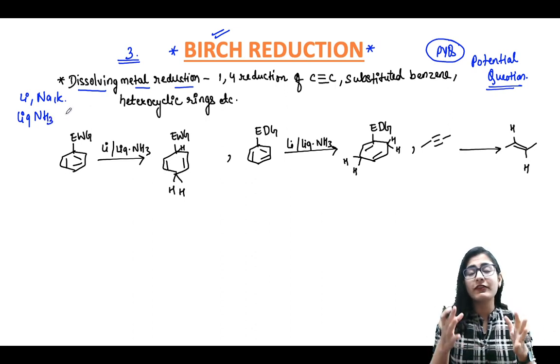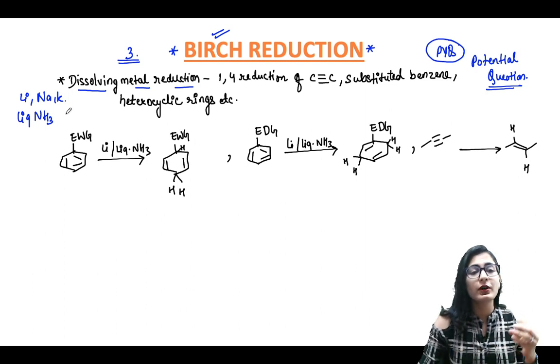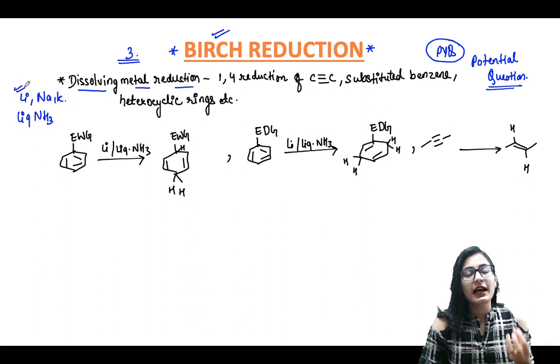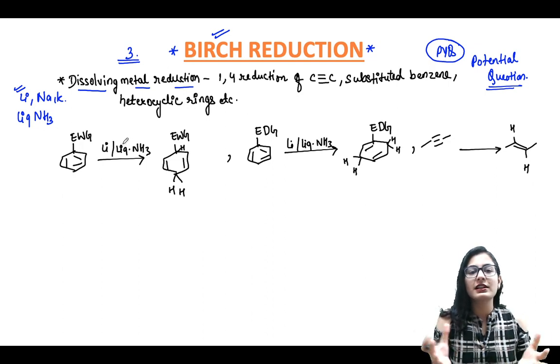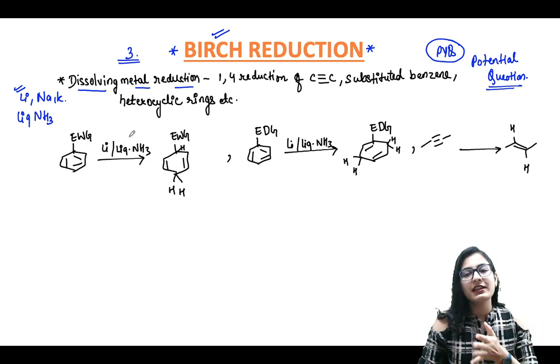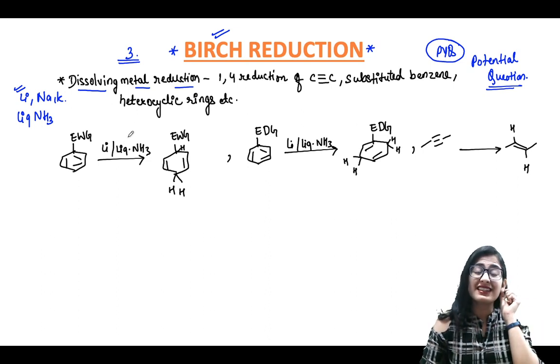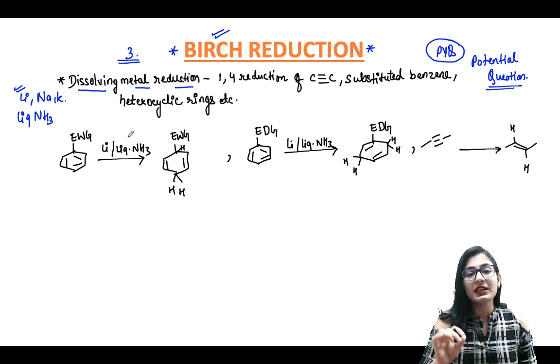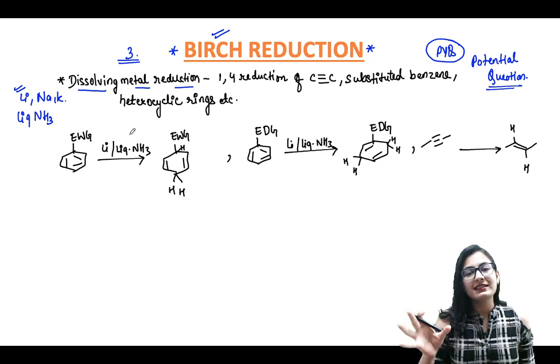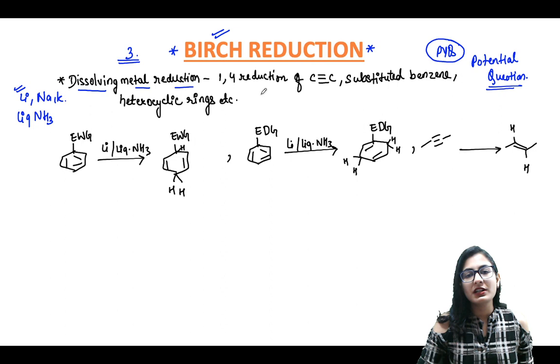You have already studied in the s block elements what happens when we dissolve alkali metals in liquid ammonia. It furnishes electrons which are surrounded by ammonia. The solution is blue in color, and on standing it turns bronze, and it is highly reducing in nature. Exactly the same thing we are taking over here in the Birch reduction.